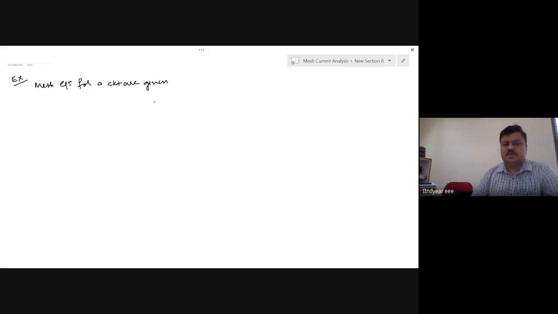Obtain the circuit elements and draw the circuit.